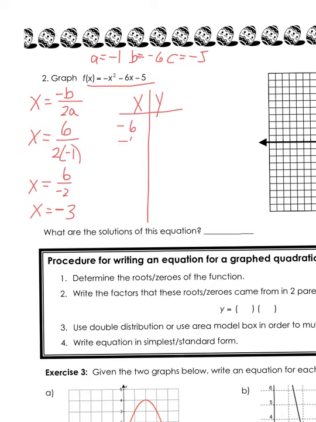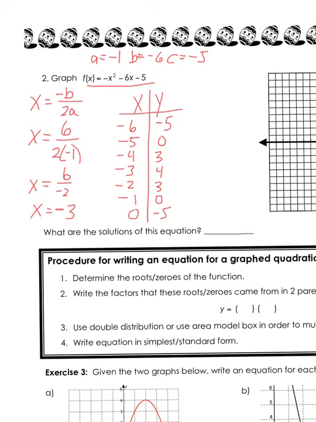Negative 6, negative 5, negative 4, negative 3, negative 2, negative 1, 0. And if you typed it in and you're looking at the table, it should look symmetric. So this is negative 5, this is 0, this is 3, 4, 3, 0, negative 5.